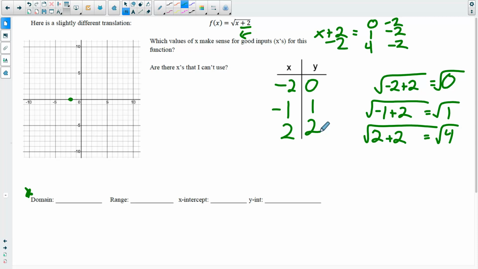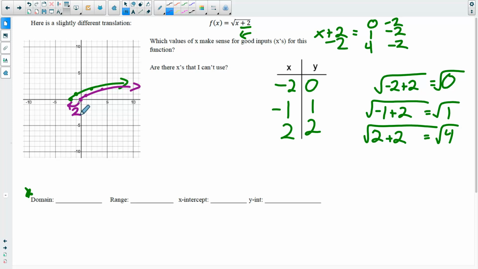And we plot these points. Now, in purple, I'm going to graph the mother function, and we're going to just see how it translated. So I'd have these points, and this plus 2 drags this purple function 2 to the left. To drag every single one of those points over.